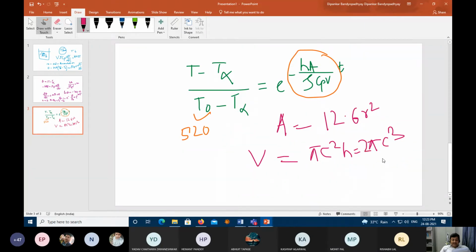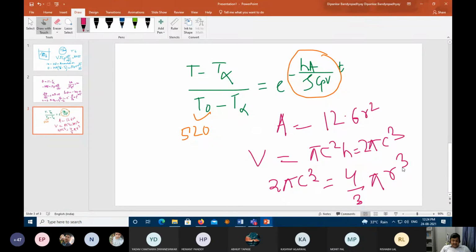Now, what is the other constant that I have? That all the objects are of equal volume, right? This is what is given: same material and equal mass. The three shapes are chosen of the same material and equal mass, and if they have equal density, then they have equal volume also. So you have another relationship: 2 pi c cube is equal to 4 by 3 pi r cube.